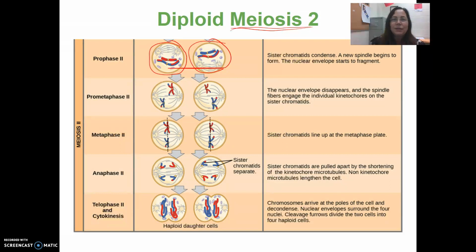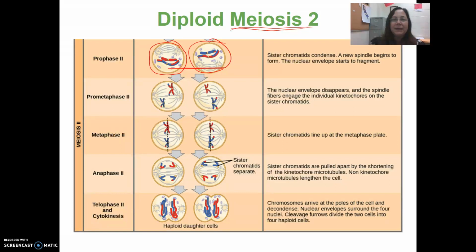In prophase two, you will see the chromosomes appear. They may have gone back in the form of chromatin, or they may not have, but the chromosomes will be visible. There will be no nuclear envelope. The centrosomes will form, and the spindle fibers will emerge from the centrosomes, and the centrosomes will move to opposite ends of each of these cells.